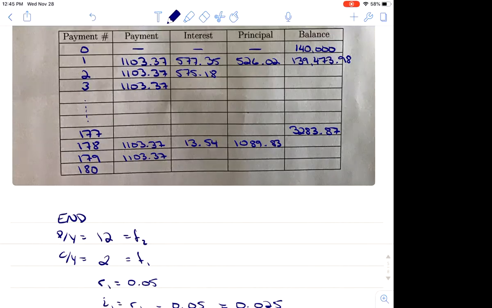It's a nice chunk. So from 3283.87 minus that previous answer, now I owe $2,194.04. I have to pay interest on that, so times recall 1, $9.05.